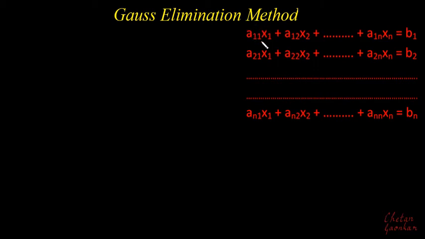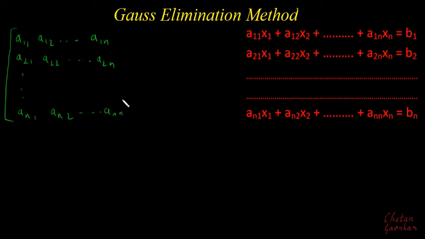Now, how it works is, first of all, it is always better to write the given set of simultaneous equations in matrix form. If I do that, I can write this as A11, A12, up to A1n, and then here we have A21, A22, up to A2n, and then AN1, AN2, up to ANN.